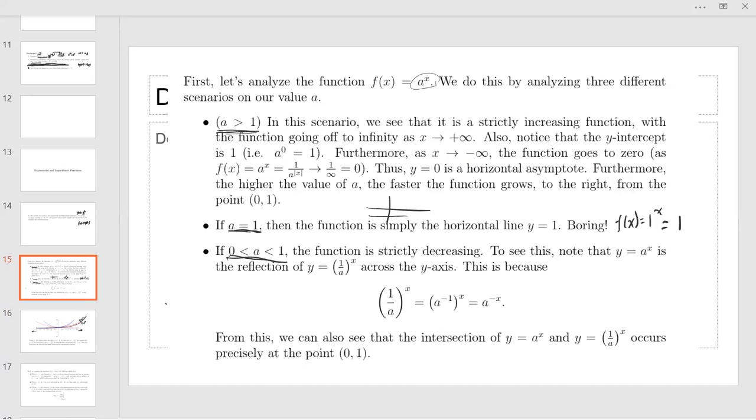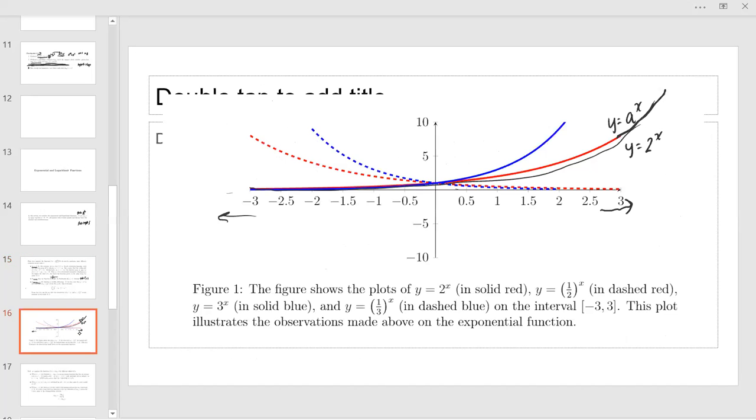Finally, if a is strictly between 0 and 1, our function is strictly decreasing. So we would have this dashed red graph. So in this example, we took a is equal to 1/2. So this is our graph. As x goes to positive infinity, our graph goes to 0.